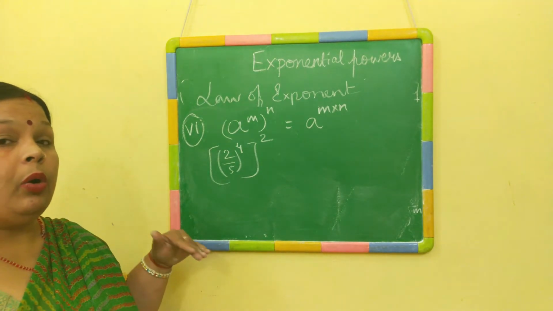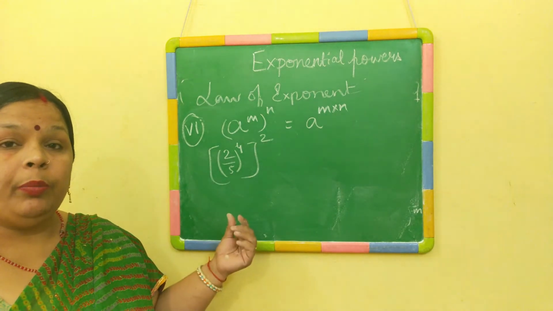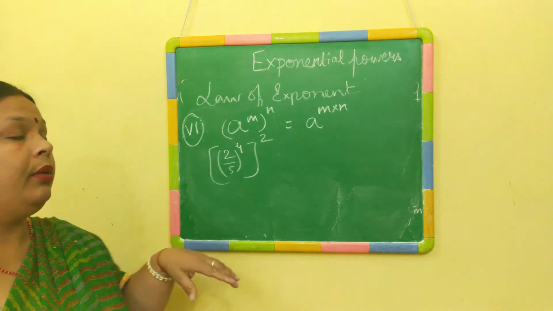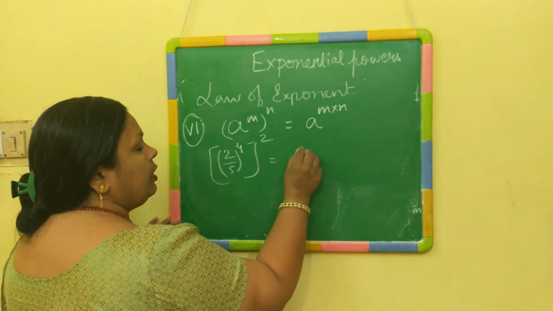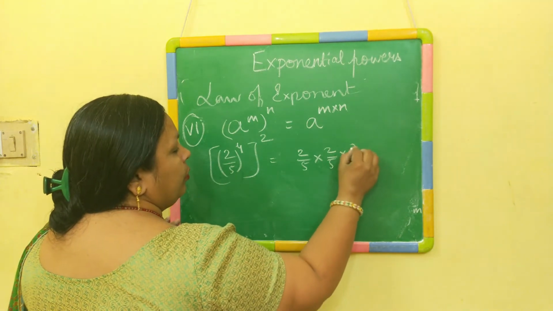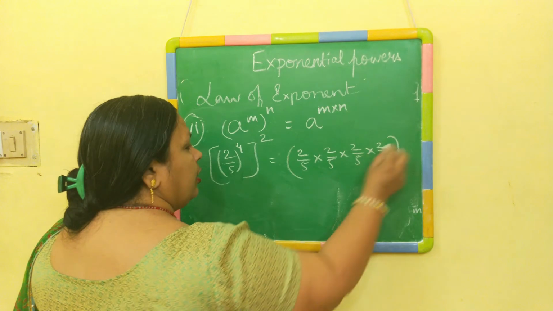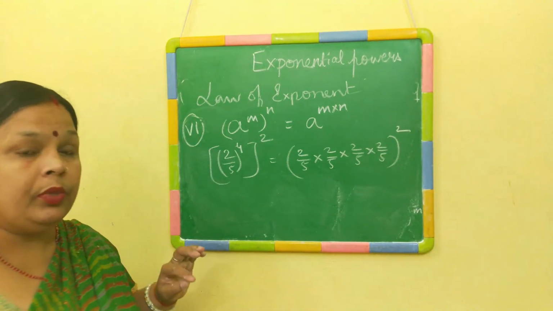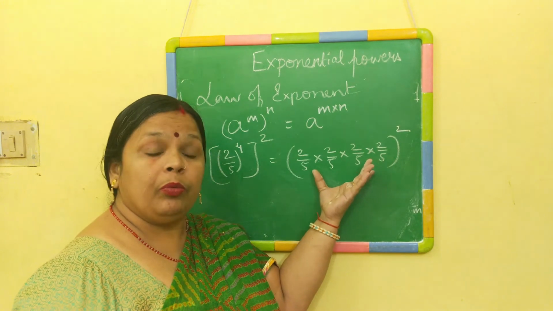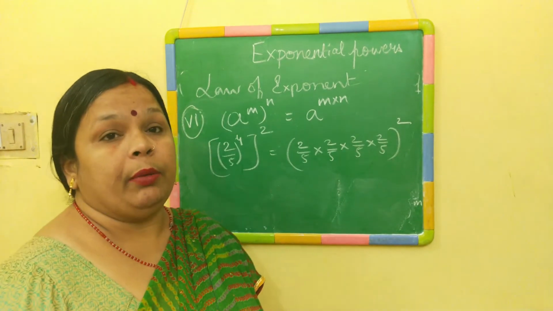But we need to follow the BODMAS. According to that, we will be solving the inner bracket first. So when we are solving the inner bracket first, that means we are writing 2 by 5 4 times, isn't it? Raised to the power 2. Now we will accept this as a pair and multiply it 2 times.